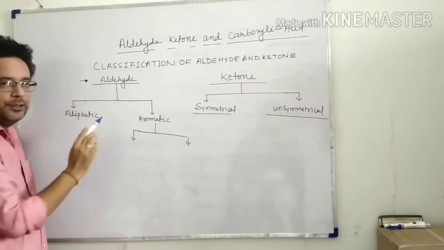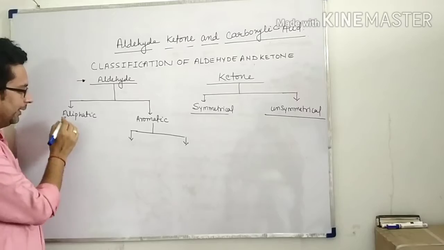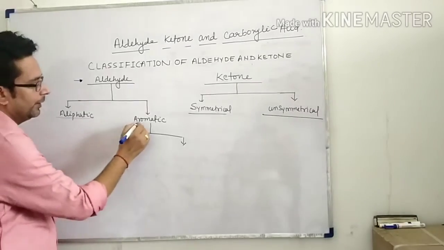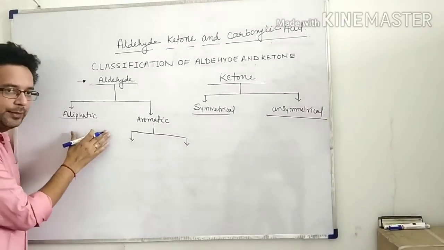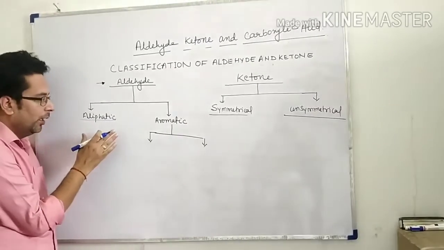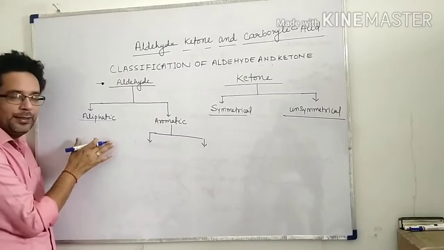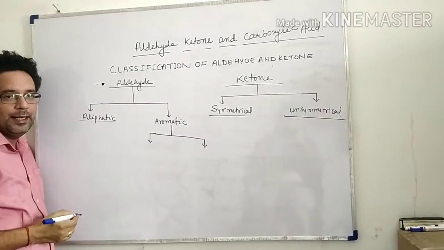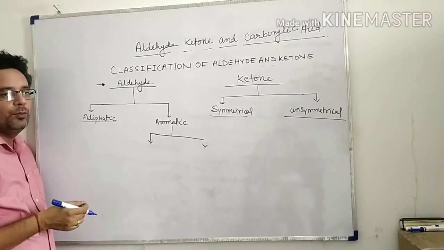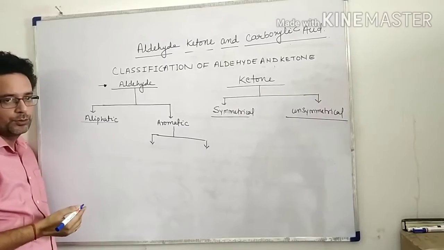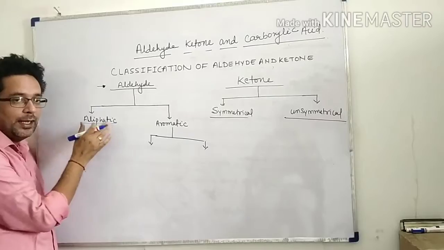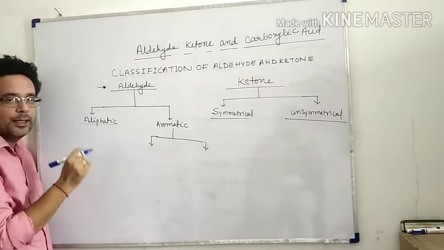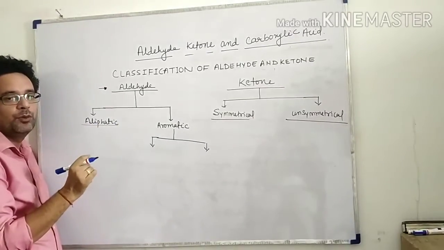Firstly, aldehyde is divided into two categories, that is aliphatic aldehyde and aromatic aldehyde. Aliphatic aldehyde means only an alkyl group is attached with the carbonyl group. So it is known as aliphatic aldehyde.